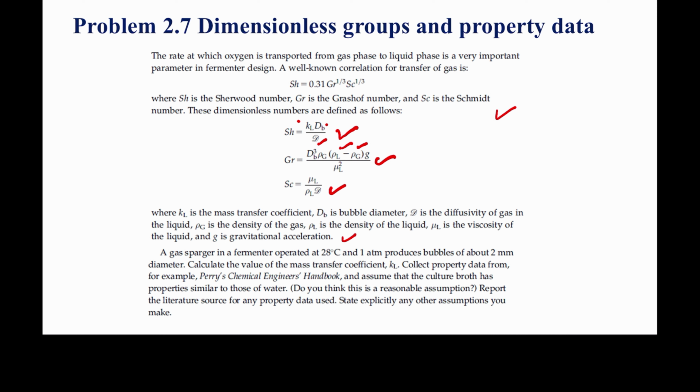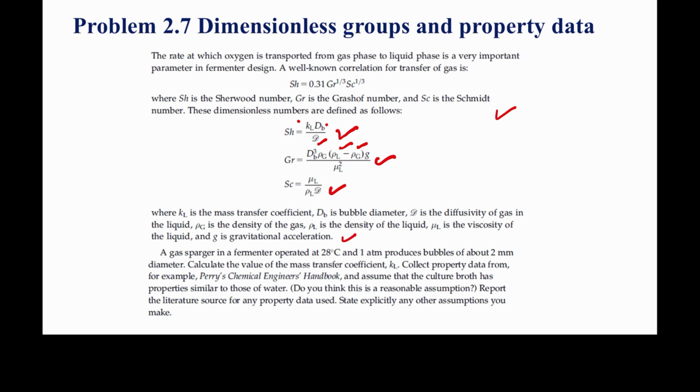So this is very important, because if it is not given what type of liquid, it is well known that in fermentation we employ water as the main solvent. But many times, even though we use water, we may come up with highly viscous solutions, for example xanthan gum solution, whereas sometimes we use very low viscosity solutions.